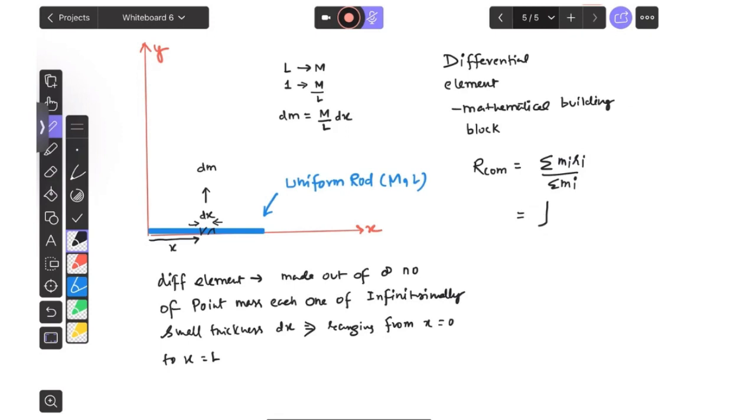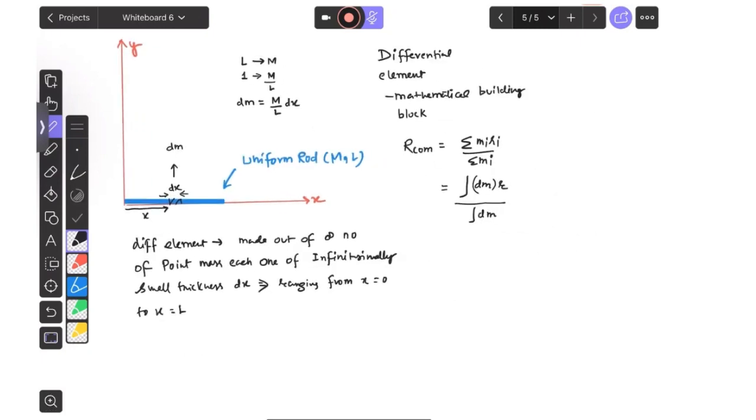Where mi is the mass of the ith point mass, instead of that we'll write dm, the mass of the differential element, into r, where r will be the position vector of the differential element, the way ri was the position vector of the ith mass, divided by total mass. Instead of summation, we'll have integration. Instead of the ith particle's mass, we'll have the mass of the differential element.